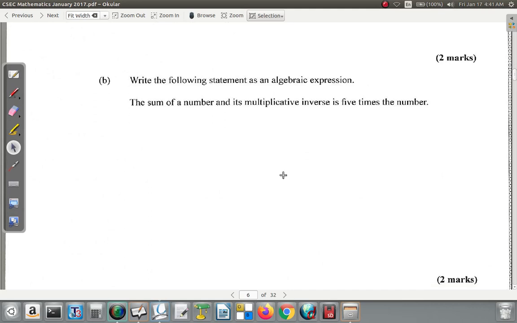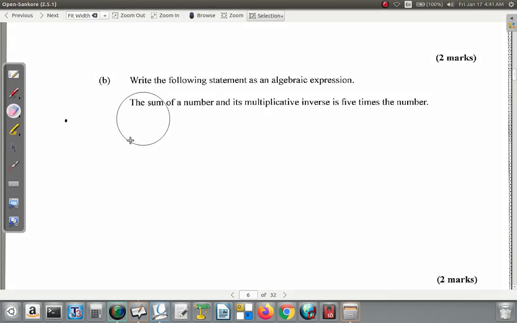Let's look at 2b. Write the following statement as an algebraic expression. The sum of a number and its multiplicative inverse is 5 times the number. What did you get when you did this? Let's look at it.